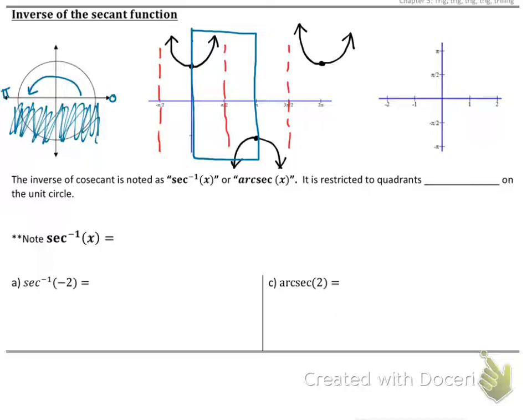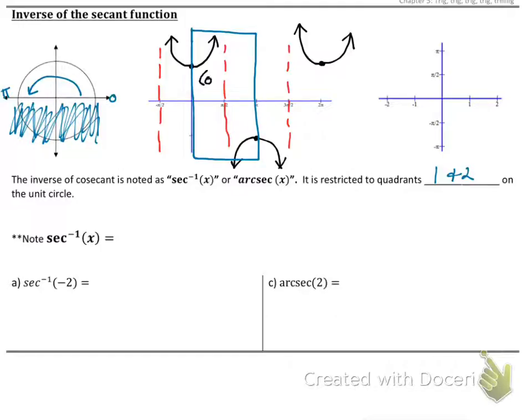If you remember the cosine inverse, that was also quadrants 1 and 2. So cosine inverse and secant inverse share the exact same thing, which is nice because they're reciprocals of each other. So like we said before, this is going to be quadrants 1 and 2. Now the graph of this, let's grab some points.